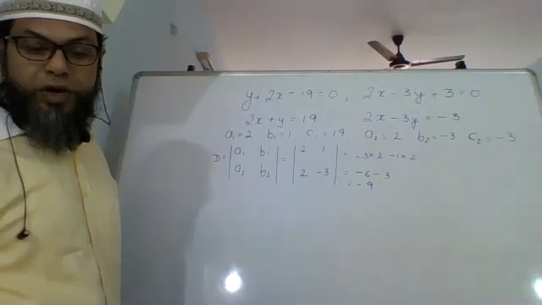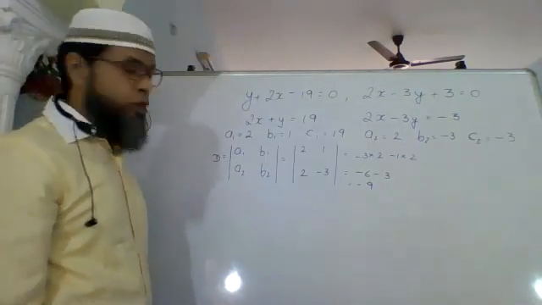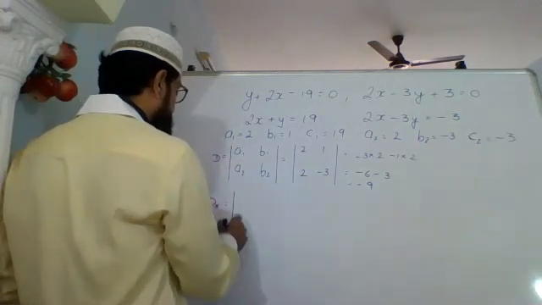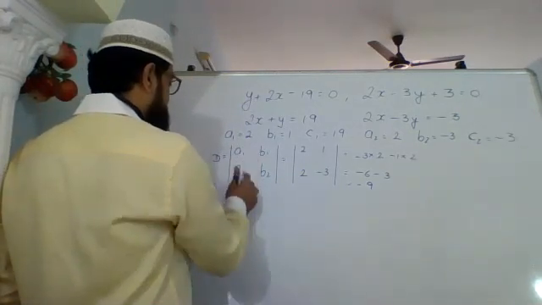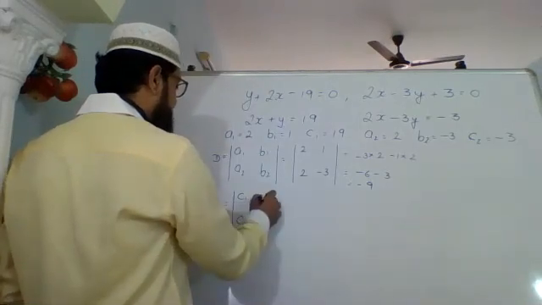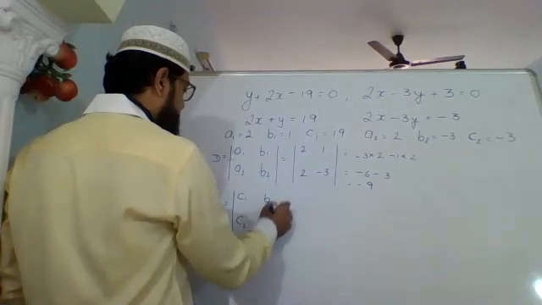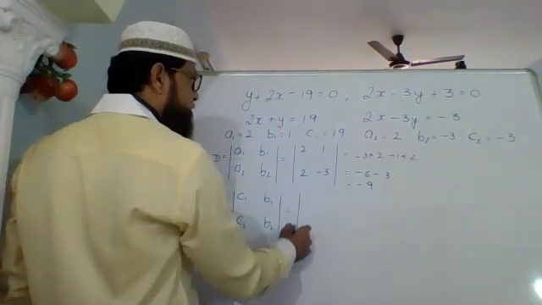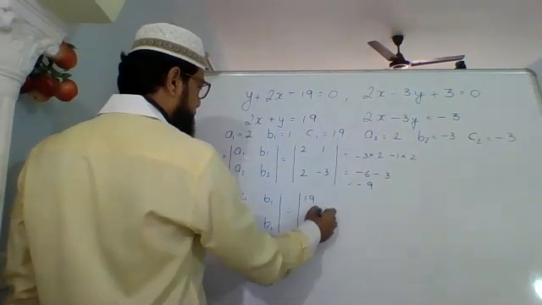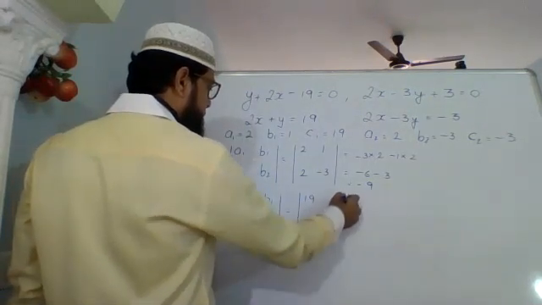Then next I'm going to find out Dx. In Dx, in place of x, the coefficients of x will be c1 and c2. Since this is x, that column will drop. So b1, b2, and c1, c2 is 19 and minus 3, and this is 1 and minus 3.